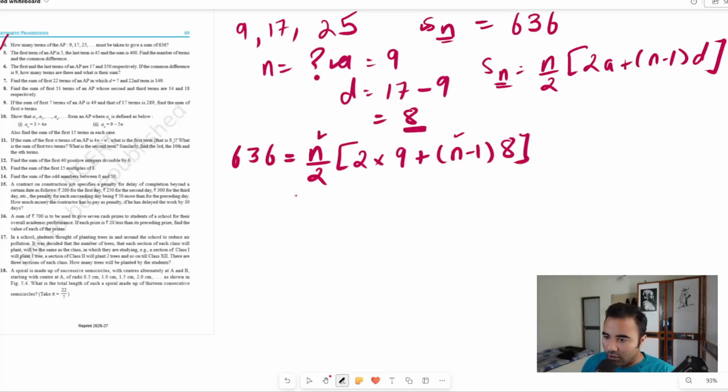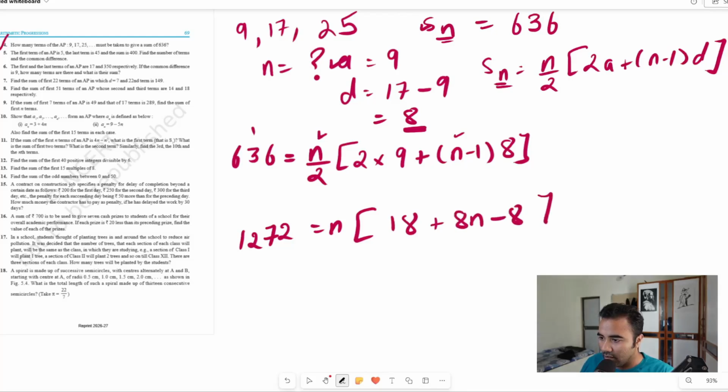Let's take 2 on this side. 636 times 2 is 1272. That is equal to n times 2 times 9, which is 18, plus 8n minus 8. I think this would be a quadratic equation, but fine. 18 minus 8 is 10, plus 8n.